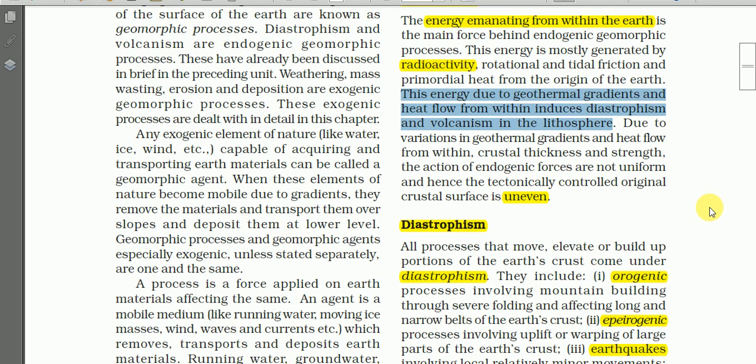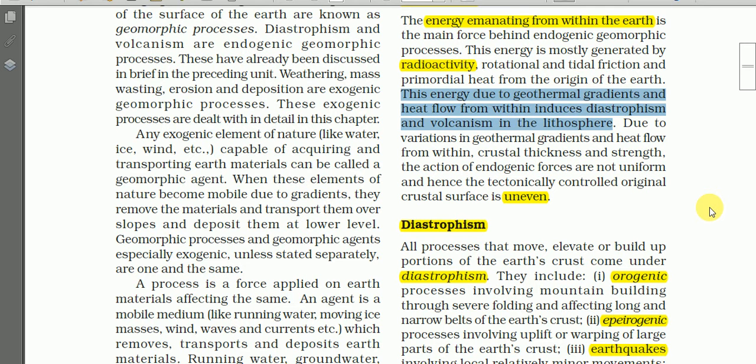When you go down into the Earth's interior, the temperature increases. Generally, the rate of increase is 1 degree Celsius for every 30.4 meters. That is what we call geothermal gradient: the rate of change of temperature with increasing depth.